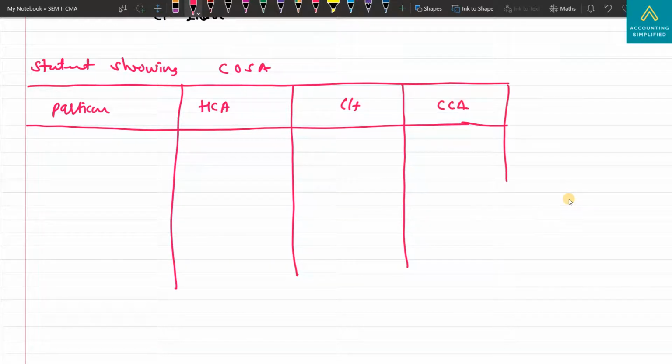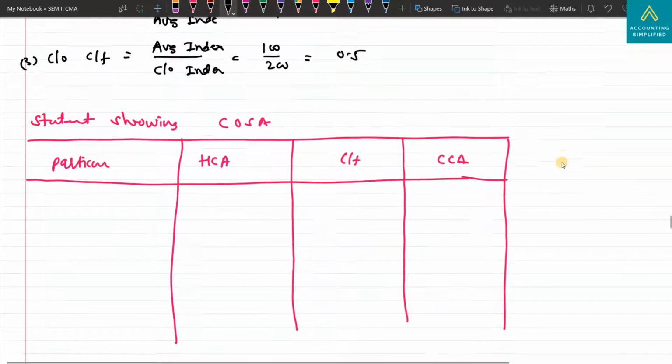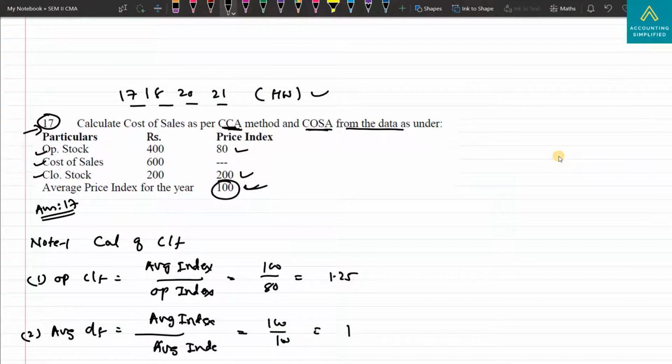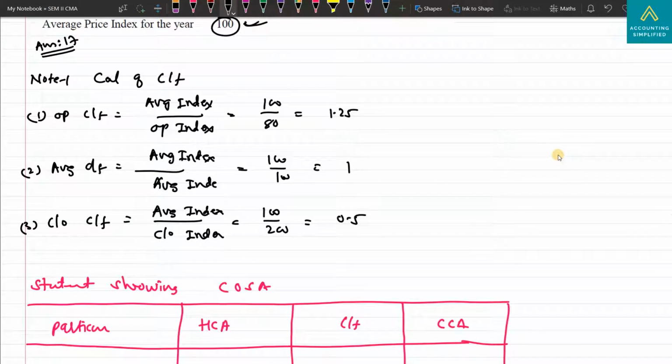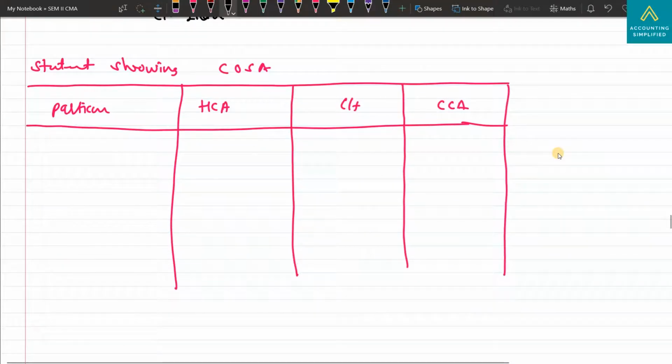So CCA, right? So let's start. So opening stock is given, cost of goods sold is given, but purchase is not given. So we can find out the purchase. So write down opening stock.